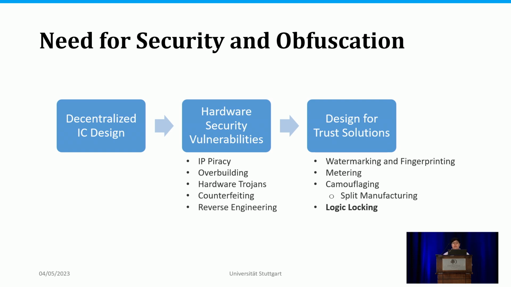And this has led to a lot more hardware security vulnerabilities like IP piracy, counterfeiting, reverse engineering. Design for trust solutions like watermarking, camouflaging, and logic locking were introduced to protect against these hardware security vulnerabilities. For the purpose of this work, we focus specifically on logic locking.